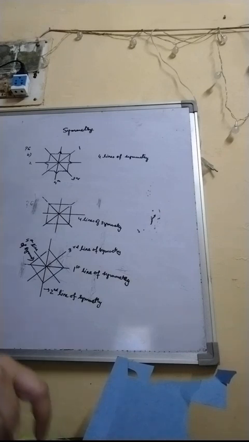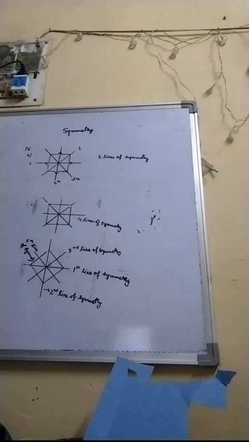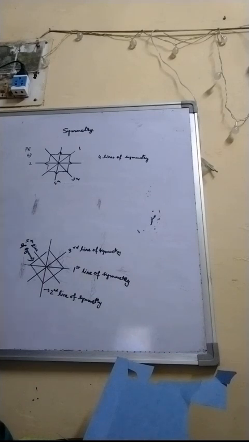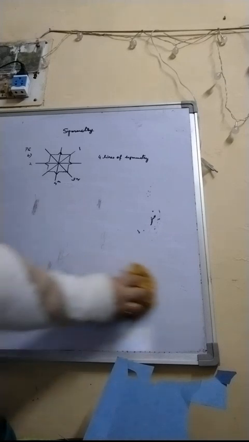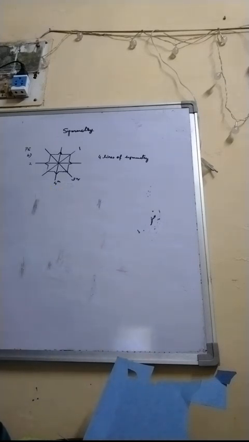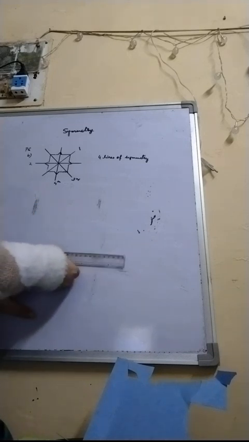Now you have been given question number 6, second part. Let us see what is a triangle with equal sides and equal angles. So you have to make a triangle with equal sides and equal angles. So let's make a triangle.